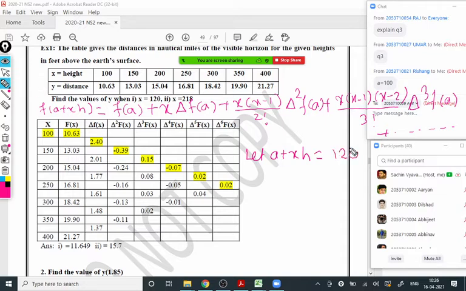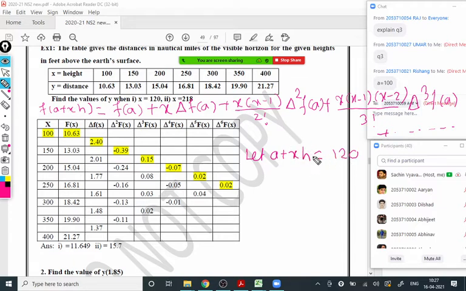Good. Now when a + xh is 120, you are adding something, xh, to a, and then you get 120. So a should be smaller than 120, just below 120, provided both x and h are positive.